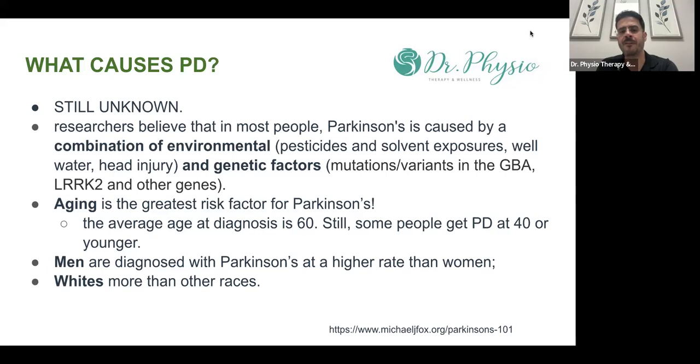And then regarding the aging aspect, the average age of diagnosis is around the 60s. However, as we mentioned, some people can get Parkinson's even younger, and those are called young onset. We have more men diagnosed versus women, a 1.5 ratio difference, and then more whites versus other races with the disease.